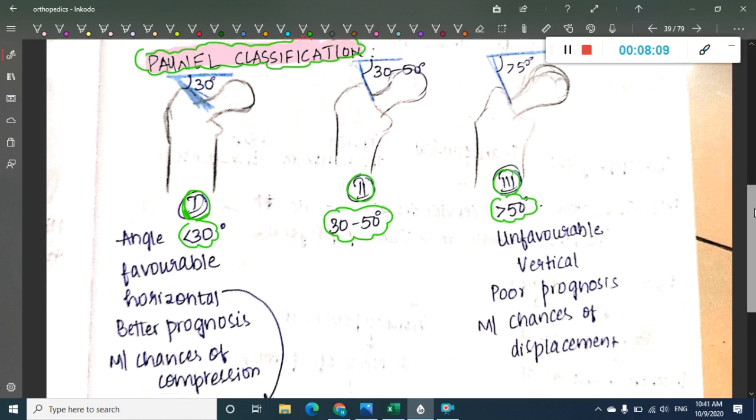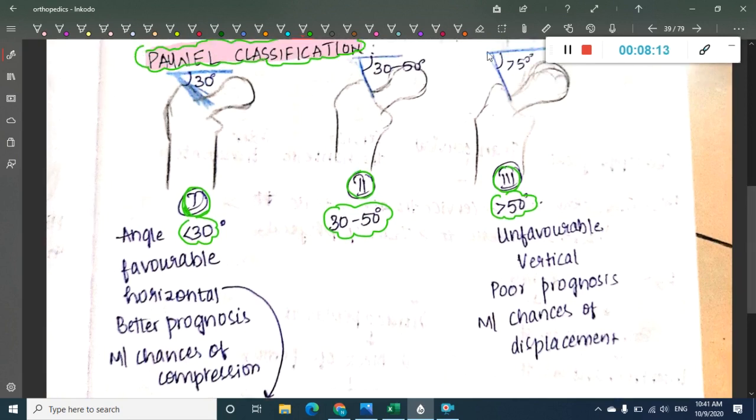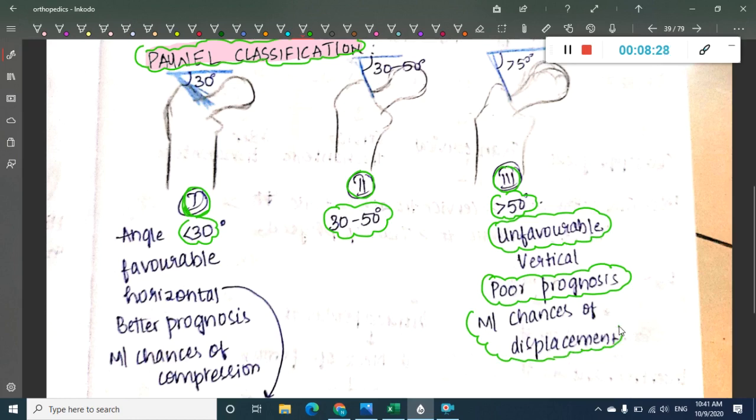Now, among these, which fracture is unfavorable? Obviously, as this angle increases, the unfavorability increases. So grade 3 is an unfavorable fracture. Okay, it has a poorer prognosis. Why does it have a poorer prognosis and why is it unfavorable? Because of increased chances of displacement.